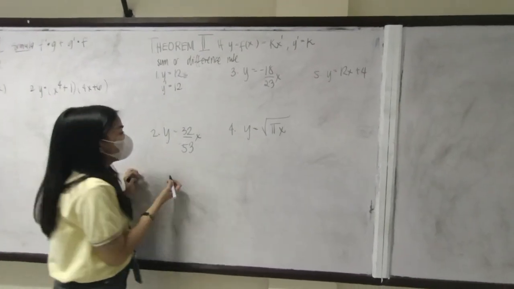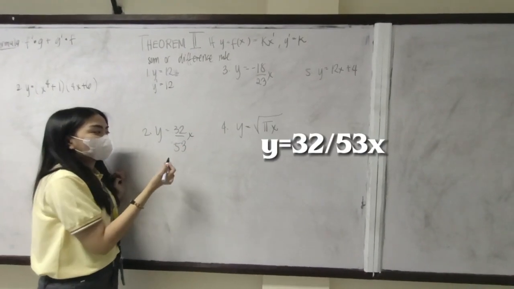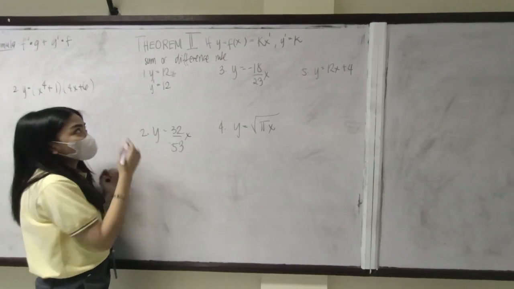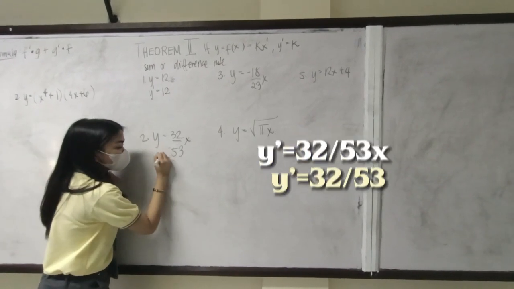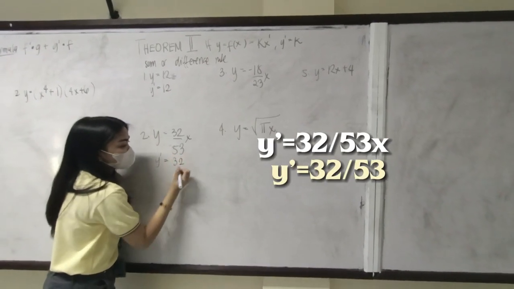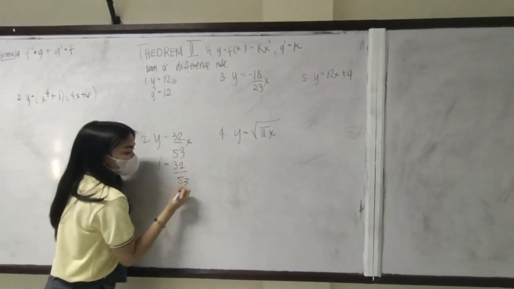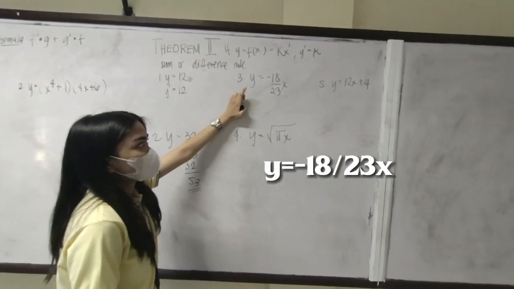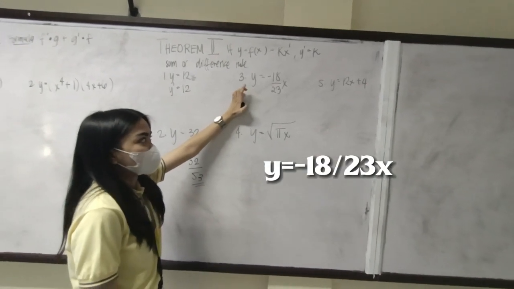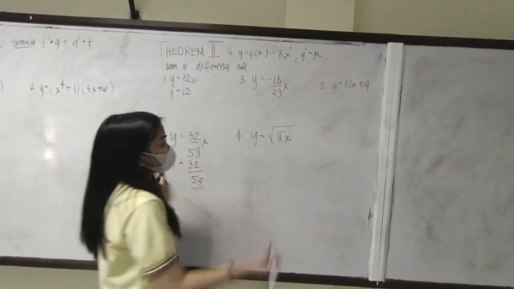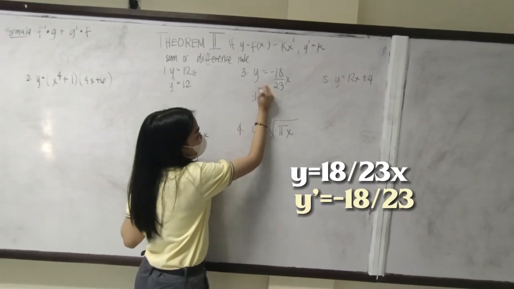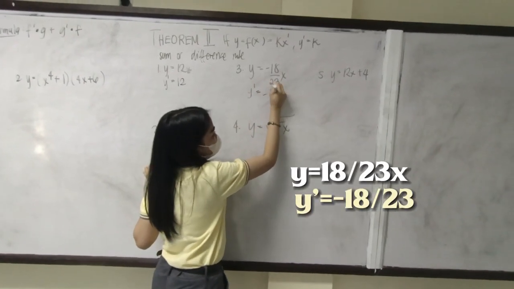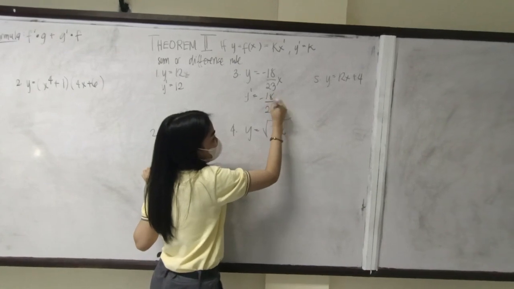Then number 2, y equals 32 over 53x. And using the theorem, y prime equals 32 over 53. And that's our answer. Then for the third example, we have y equals negative 18 over 23x. And like the number 2 example, y prime equals negative 18 over 23.